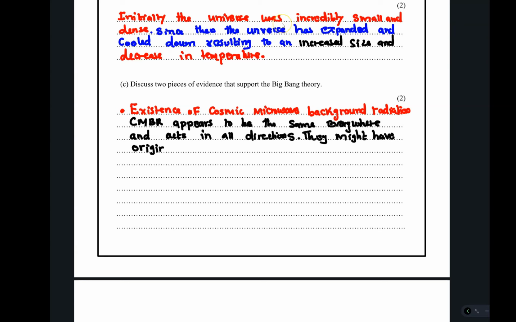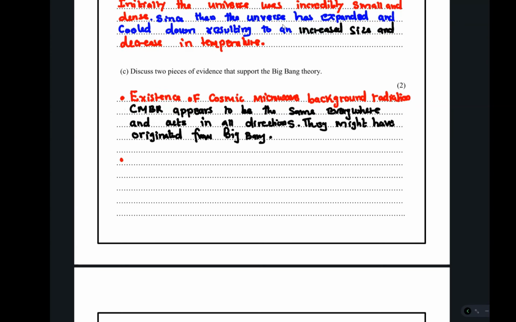They might have originated from Big Bang Theory, so during that explosion. So when we see that, we can see that indeed the universe might have originated from Big Bang Theory. The next evidence you are to give is the redshift that is observed from light emitted by distant galaxies.